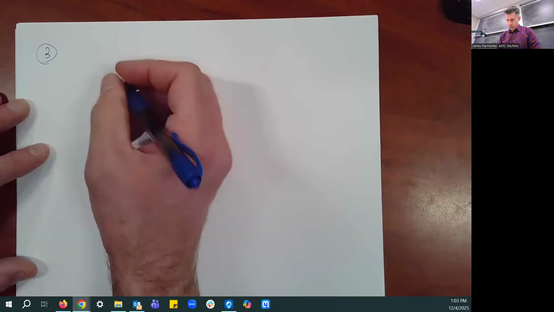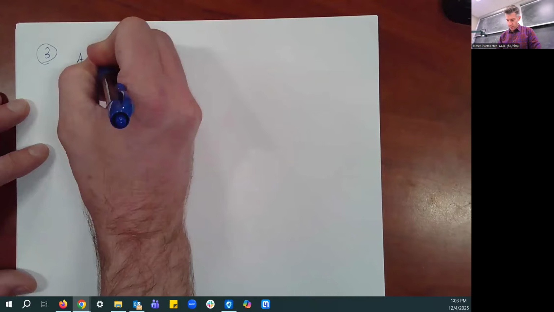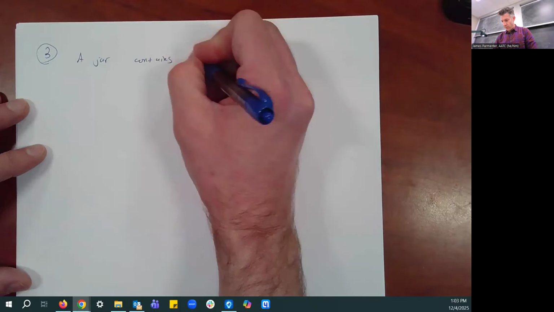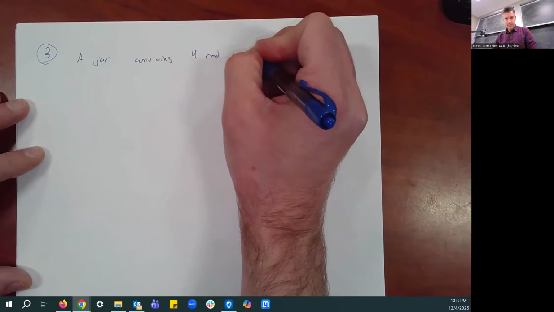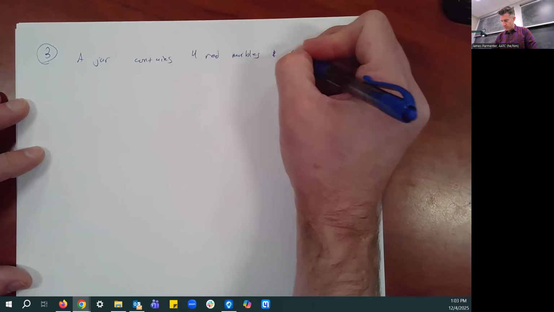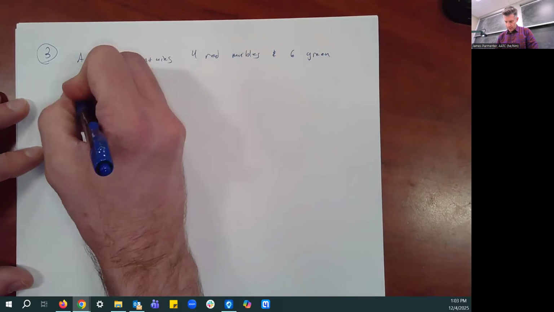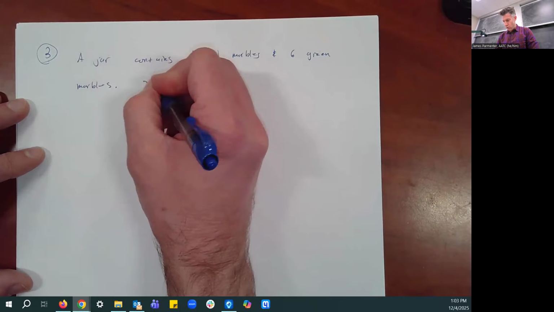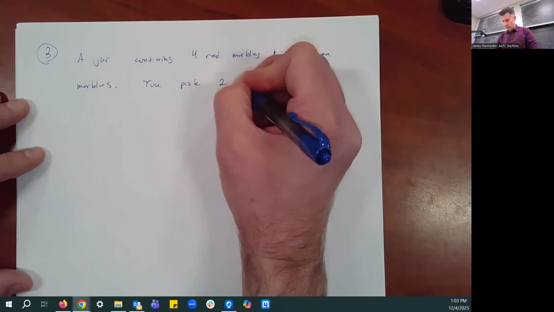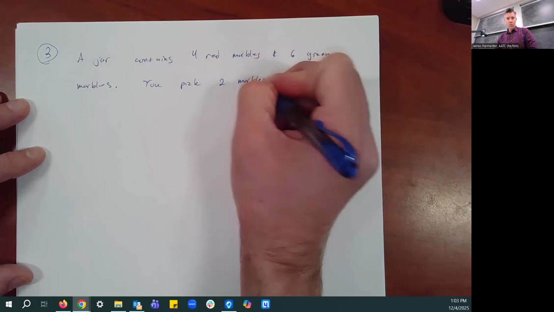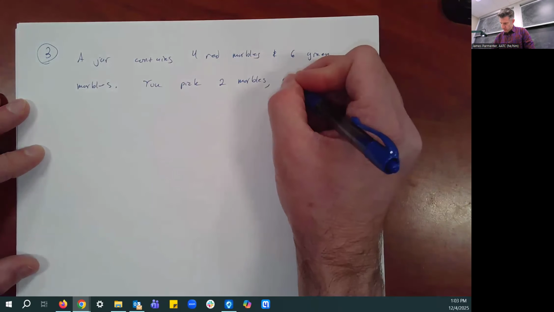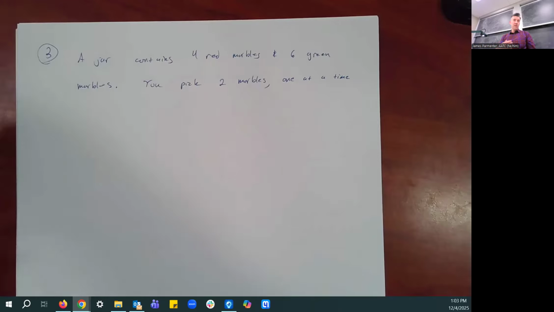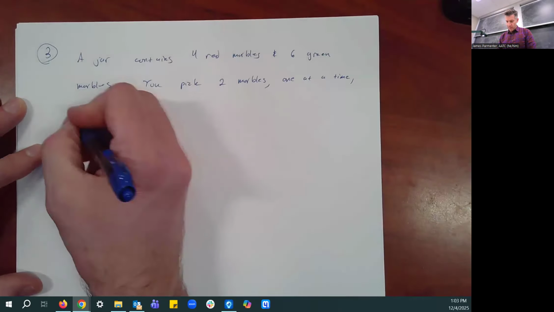Problem, whatever number this is, three, I think. A jar contains some marbles. Back to the marbles. It contains four red marbles and six green marbles. You pick two marbles, one at a time, meaning we were thinking about which one comes out first, which one comes out second, without replacement.